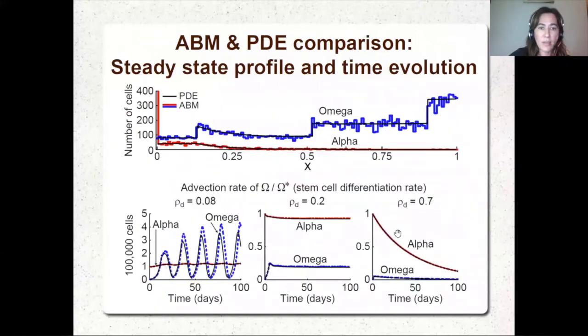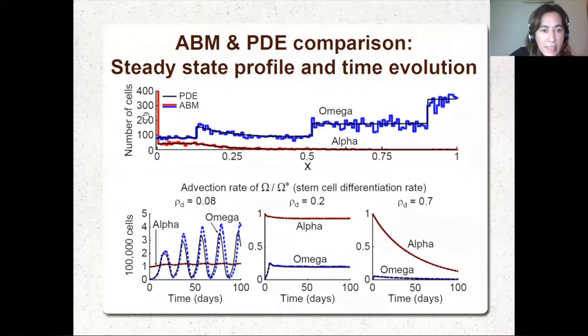So let's just look at some of the results from the comparison between the ABM and the PDE. As I said, the biology here isn't important, but what I'm trying to show you is the similarity between the two results. The ABM is in the blue and the red, and the PDE is actually a nice average approximation for the ABM.